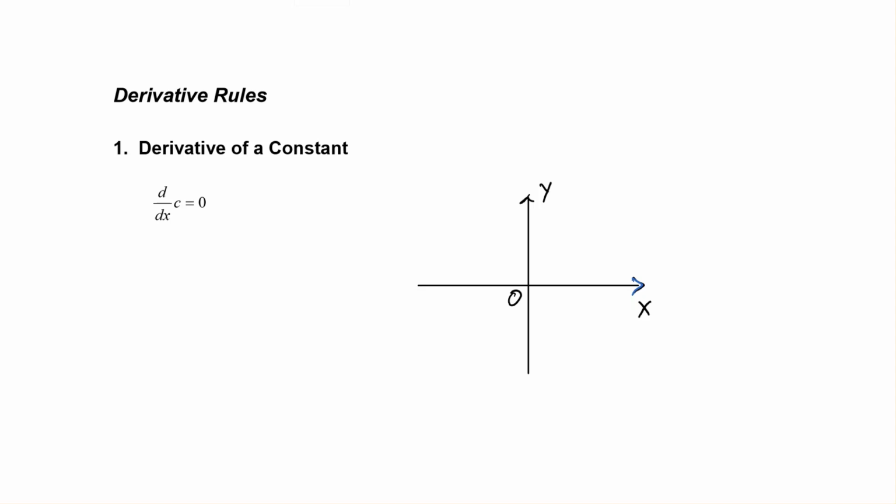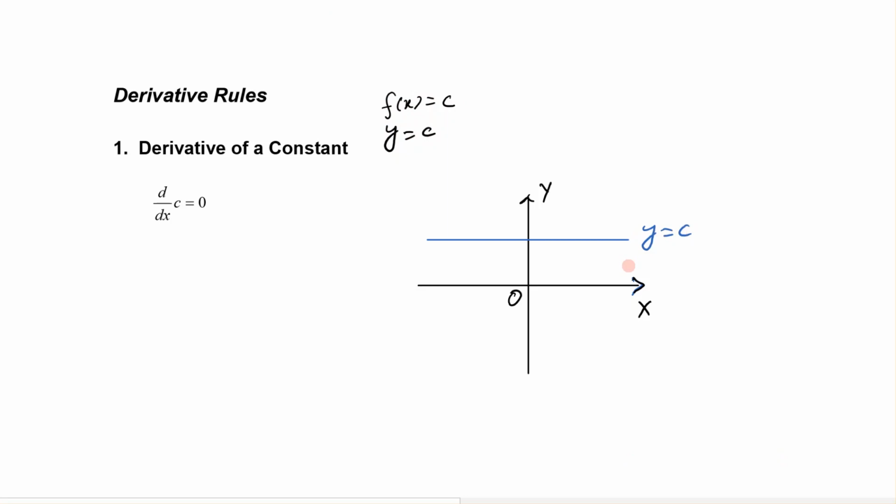The derivative of a constant is 0. There are a few ways you can think about this. If we have a function y equals c, or f of x equals c, it means we have a straight line. And what is the slope of this straight line?